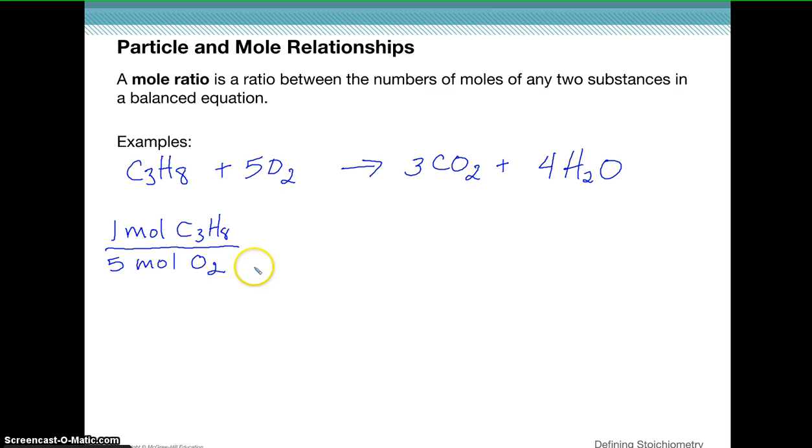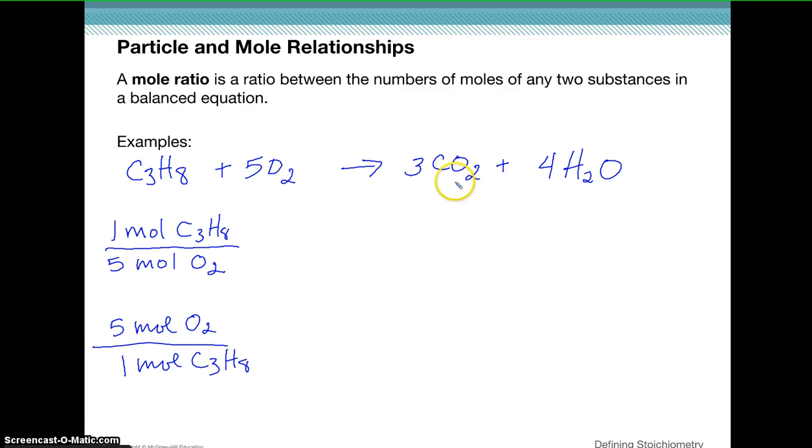That would be a mole ratio. Just like any other conversion factor, we can flip it upside down. So we could also say 5 moles of O2 over 1 mole of C3H8. You'll have to decide which way you need it based on the calculation that you're trying to do.